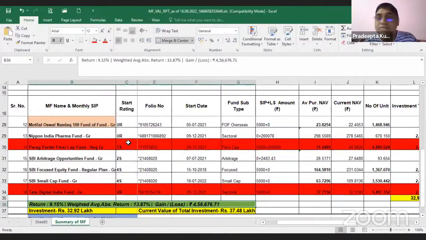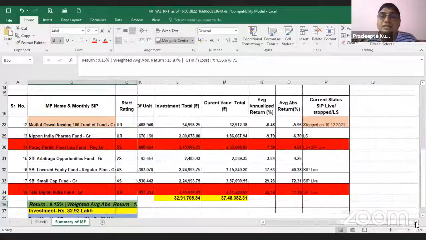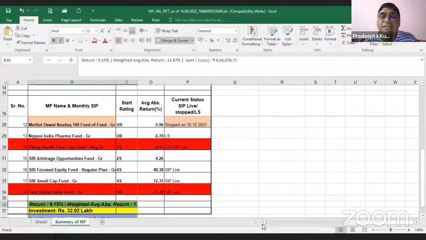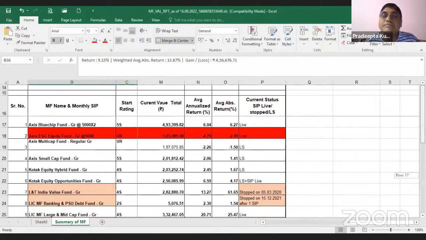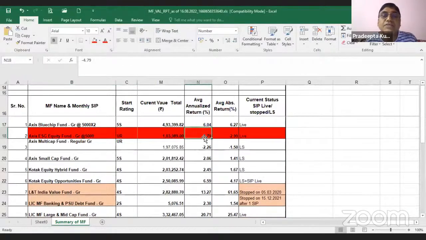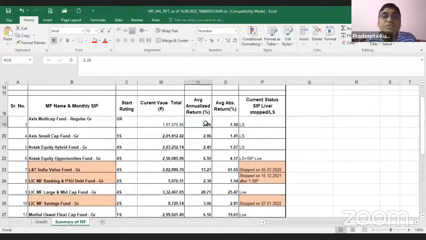If I give the summary, the average annual return is 9.15%. But few SIPs are actually giving this annual return. You see here, some SIPs are giving negative returns. The current annual return is minus 4.7%, and there are some at minus 2%.